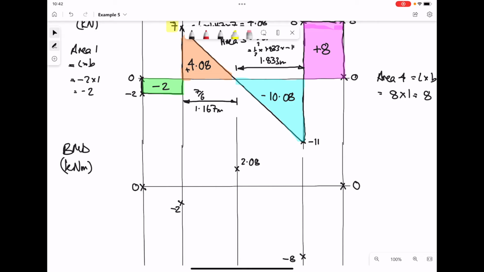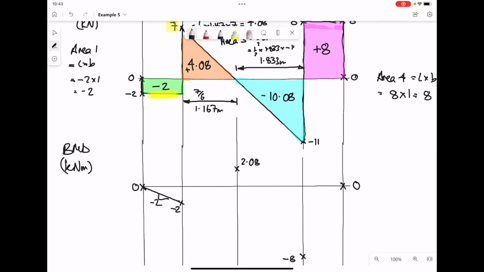Now we've got to join the dots to complete our bend moment diagram. Starting with the easy parts first, we look at the shear force value, and that tells us the gradient on our bend moment diagram. In the first region we have a constant shear force of -2, so we have a constant gradient of -2.